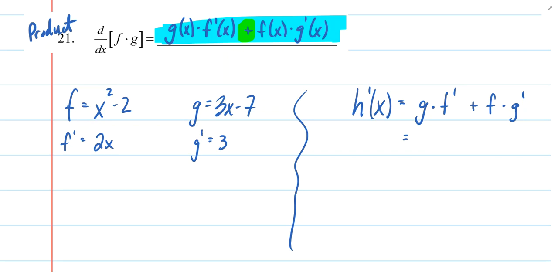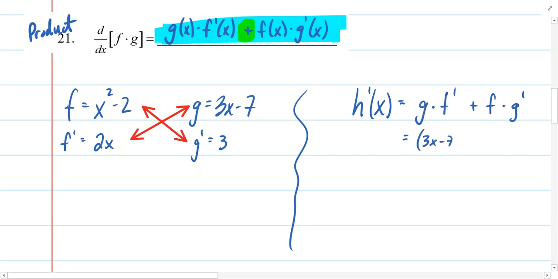And now I want you to imagine these cross products. This is going to help us not only with the product rule, but also our quotient rule. These two cross diagonals, as long as you build your formulas off to the side like this, these two cross products are always going to multiply together. So our first component is g times f prime. Well, we said that g was 3x minus 7.